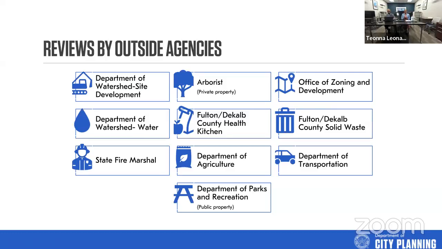The State Fire Marshal, Department of Agriculture, solid waste, and county health kitchen are really more so tied to commercial projects, but the Office of Zoning and Development is going to review all projects.